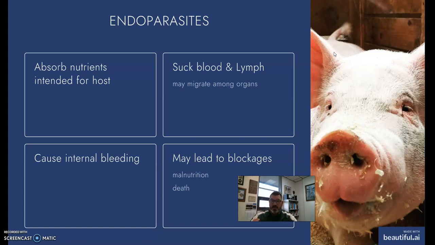They could be lungworms, they could be heartworms, they could be roundworms, and they can migrate among the different organs and cause blockages and all kinds of different problems. But primarily they rob very valuable nutrients and circulation from the animal, and can cause internal bleeding, malnutrition, and then of course death.